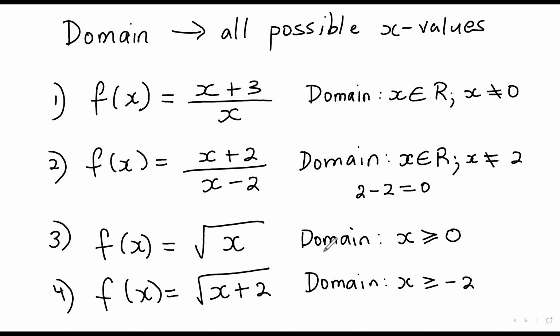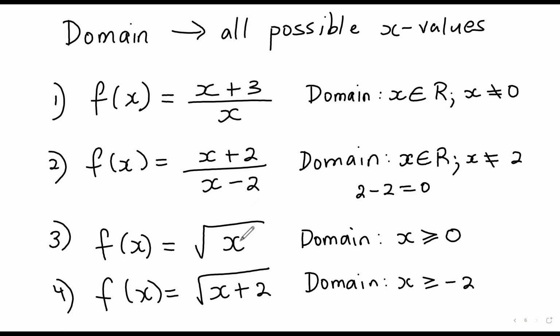So the domain of a function has restrictions, for this level, only in the instance where there's a denominator and the denominator cannot be equal to 0, or when the function involves a square root.